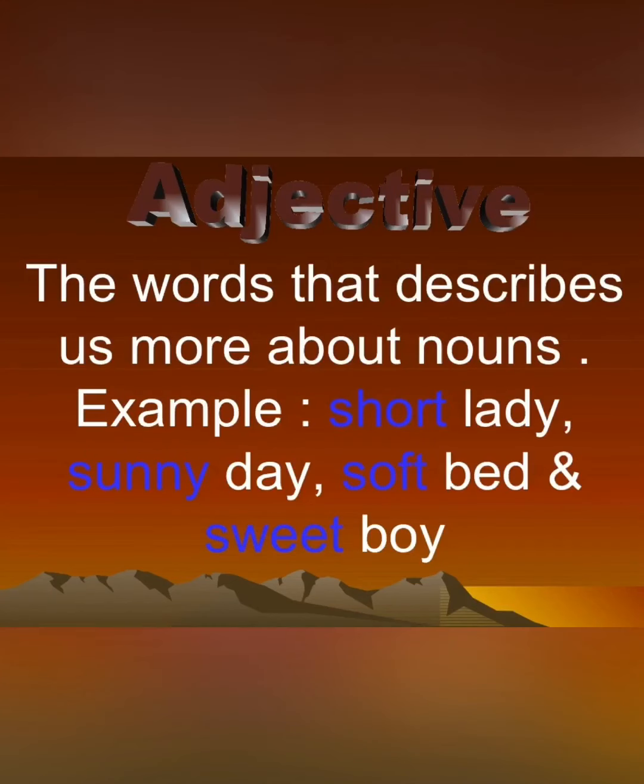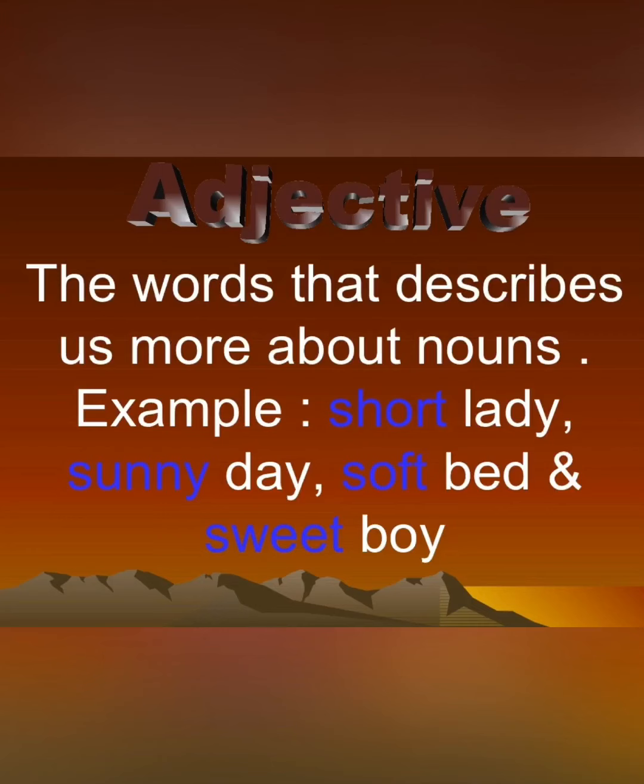Next we have adjectives. Adjectives basically describe nouns and pronouns. They specify which one, how much, what kind, and more. Adjectives allow the reader or listener to use their senses to imagine something more clearly.